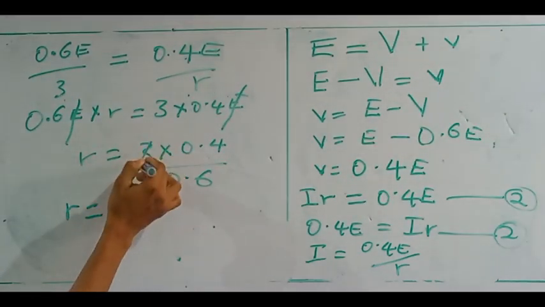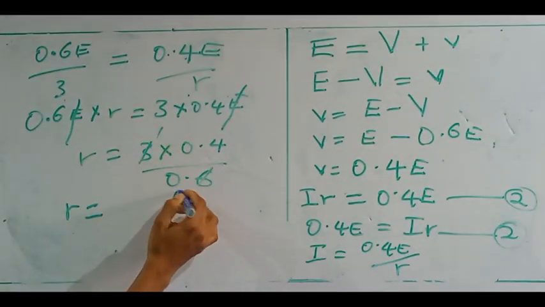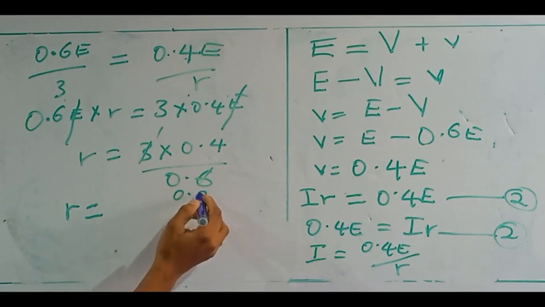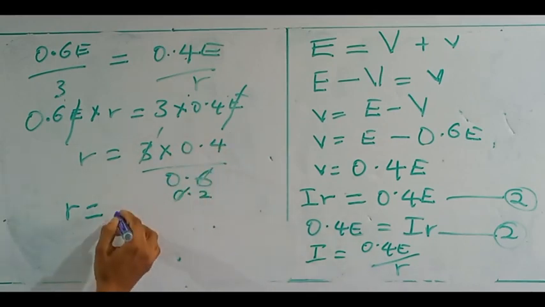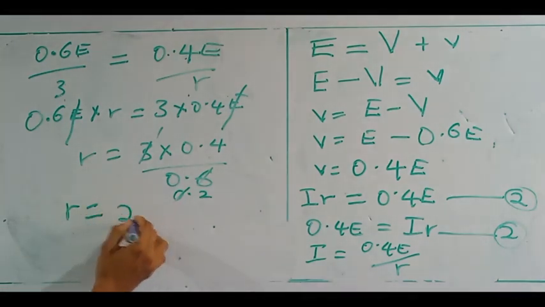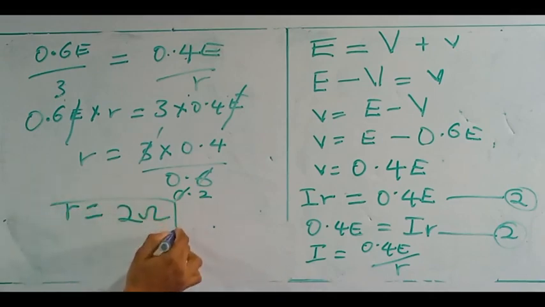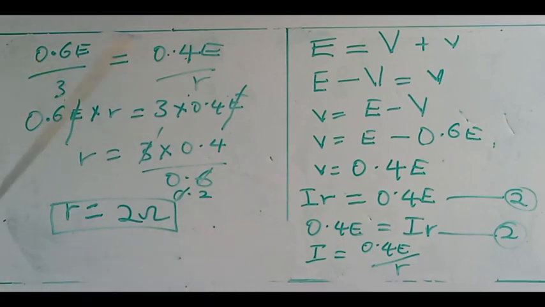R will be 3 times 0.4 over 0.6, which cancels, so at the end we are going to have R to be 2 ohms. So this is how to solve this kind of problem. He gave us two equations. Since it's the same current, this is equal to this. Then we have the internal resistance as 2 ohms.